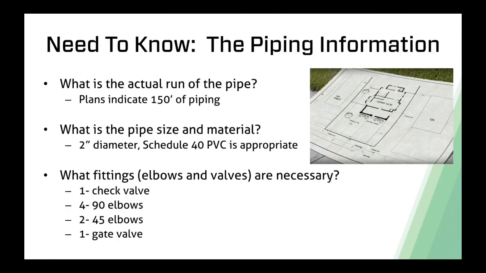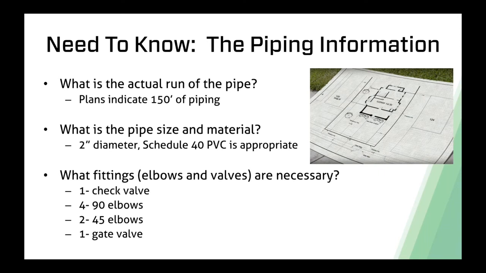The next piece of information that we need to know is, what is our piping going to look like? We need to know how much pipe we actually have. We want to know what pipe diameter we're going to be dealing with and what materials, and we need to know what fittings are going to be required. So if we check the plans, we see that to get from where the basin is located up to where the manhole is located at the street, it's going to require 150 feet of pipe.